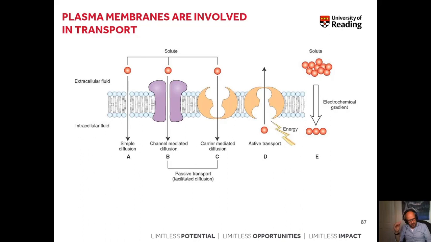Because our cells are surrounded by a membrane, obviously we need to ensure that molecules can be exchanged via those membranes. And indeed, there are different types of transport via the membrane, which could be simple diffusion, channel-mediated diffusion, carrier-mediated diffusion, or active transport.